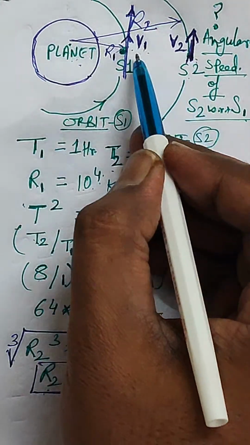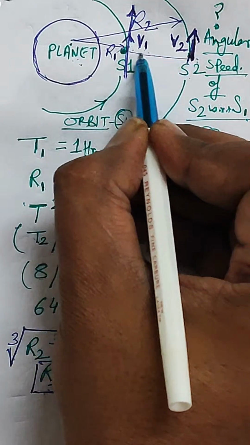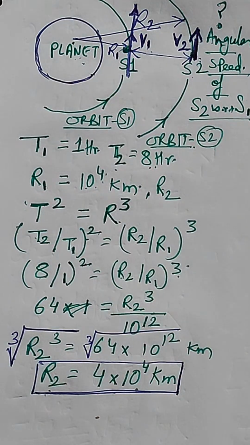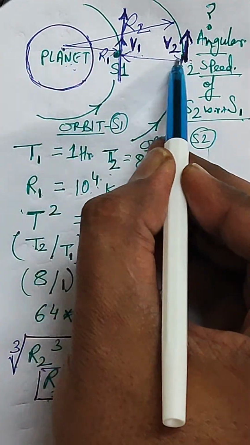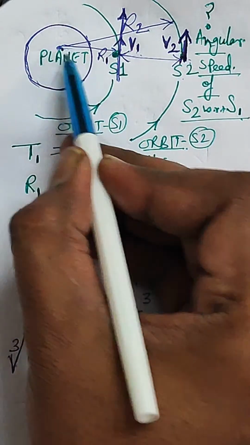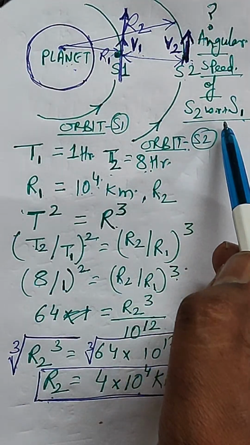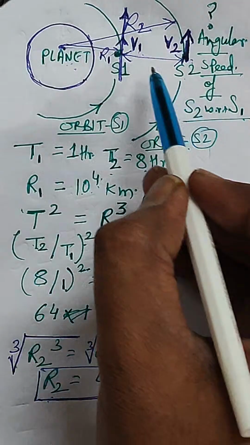So this will be the closest point of separation, when they are just close to each other, when s1 is standing just perpendicular to the point from the center. Okay, let us say this is the center. Now at the closest point of separation, we can see that they are moving in the same direction.